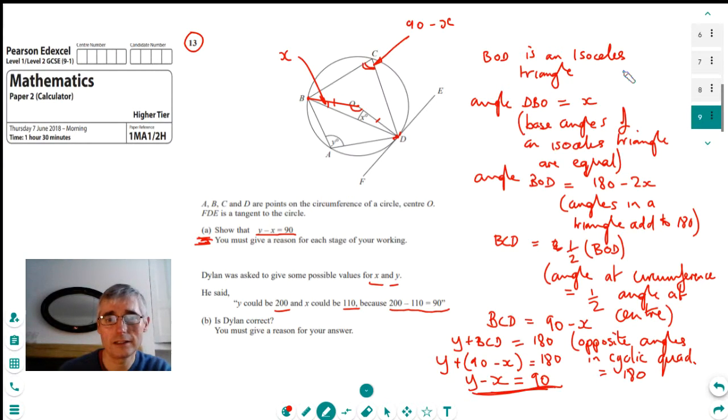Well, he can't be right because the angles in a triangle must add up to 180. So that would mean that y couldn't be more than 180, because that would mean that the angles in triangle ABD would add up to more than 180. So we can say, no, Dylan is wrong.